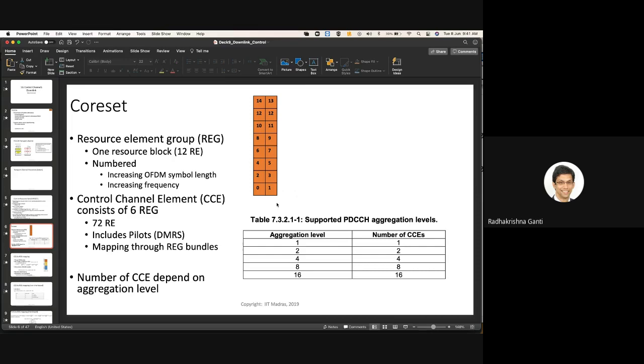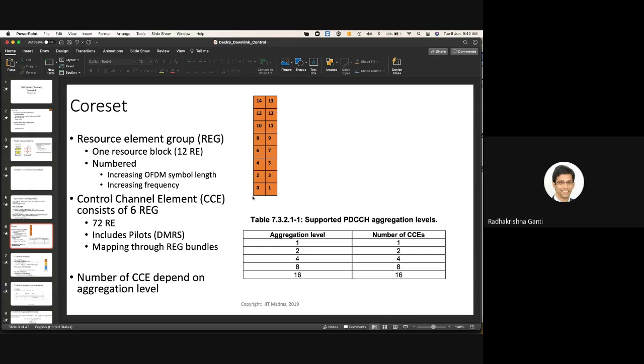Suppose this is your core set that has been allocated to you. This has two symbols and some number of resource elements. First, you know what a resource block is. This 0 implies there are 12 REs in it. This has 12 REs, this has 12 REs. So how do you number these resource blocks?